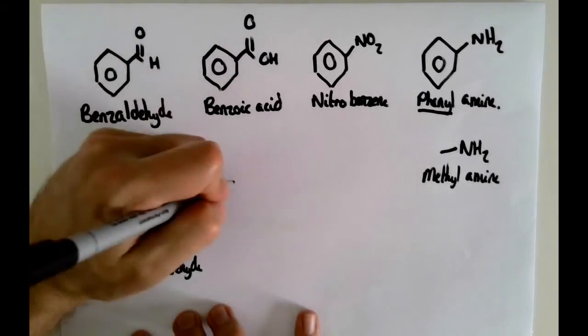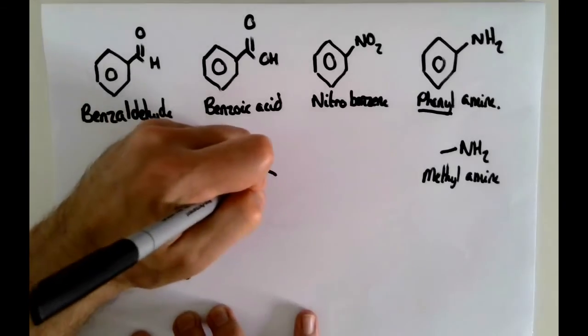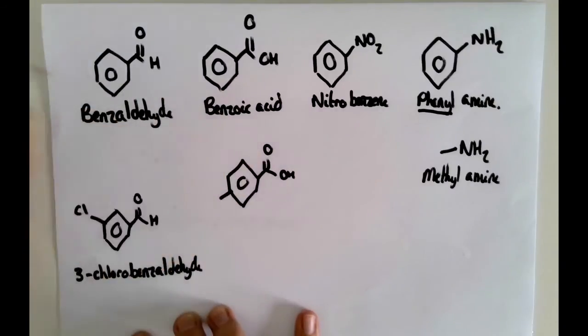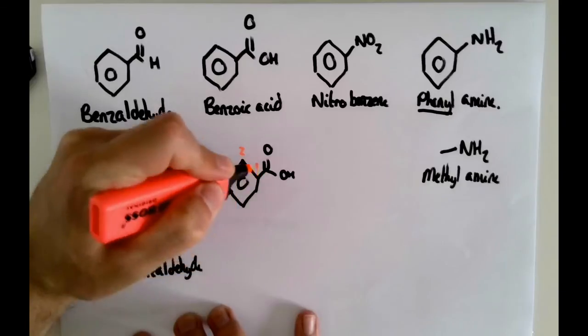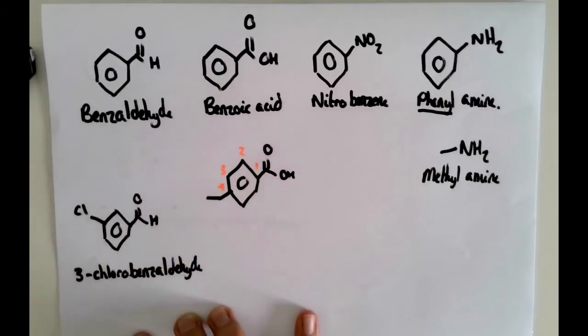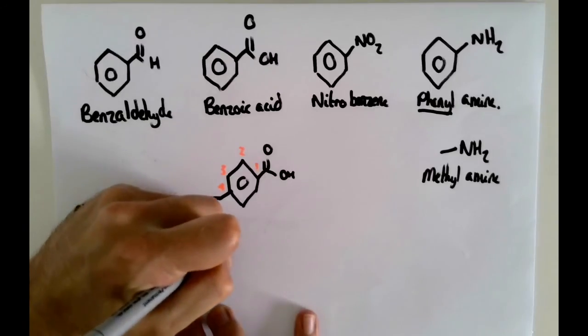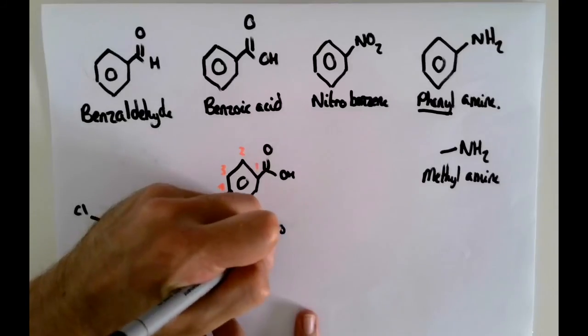This one here, so you've got benzoic acid. There's our benzoic acid. Let's imagine we have an ethyl group coming off on the other side. So 1, 2, 3, 4. Doesn't matter which way we go. 1, 2, 3, 4. Still end up with that as number 4. So this would be called 4-ethylbenzoic acid.